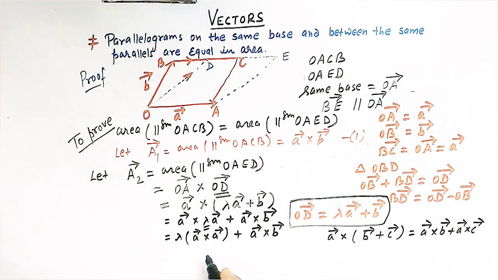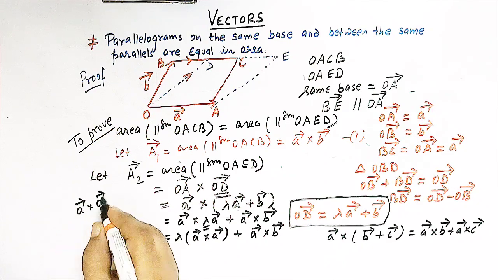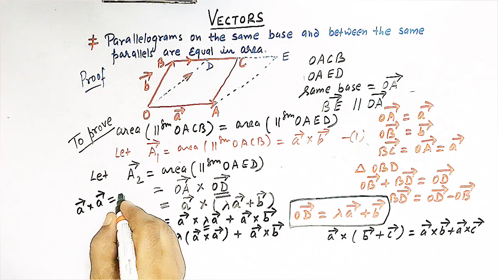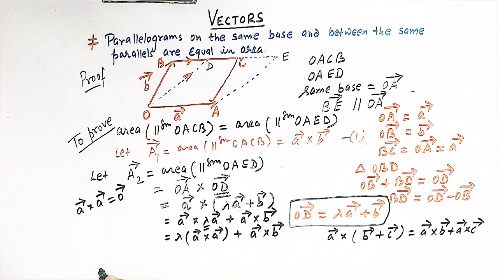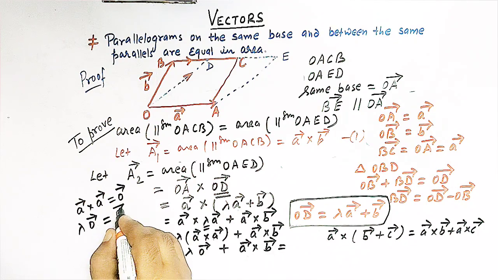So here we see that we have the cross product of the same vector, right? And from the properties of vector product of two vectors, we know that if we have the cross product of the same vectors, then this is a zero vector, right? So here we have lambda and zero vector, and here we have A cross B, and lambda times zero vector is zero vector, right?